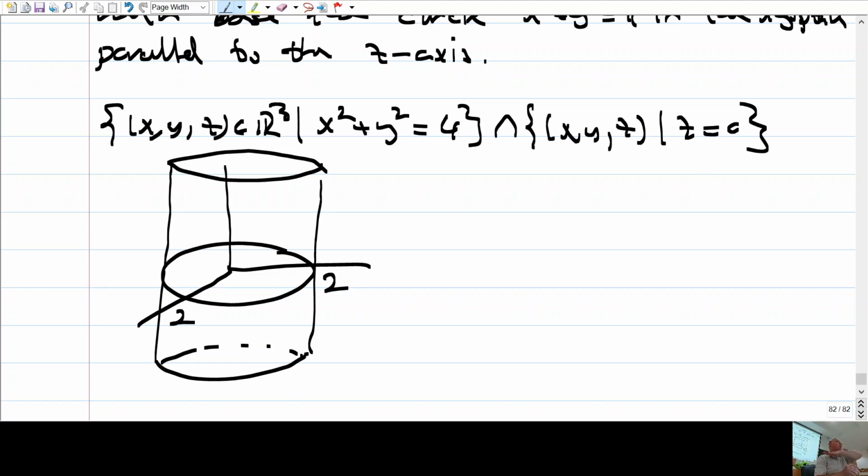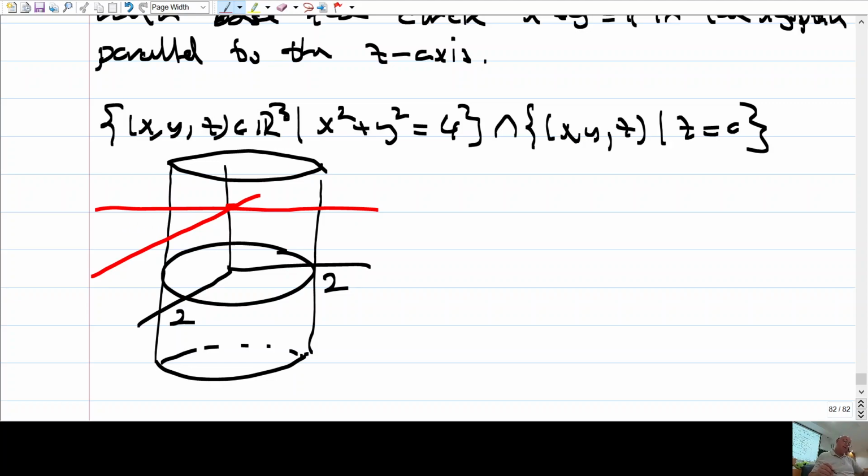It is the set of all points where the z coordinate is c. So it is just this plane, which is parallel to the xy coordinate system.